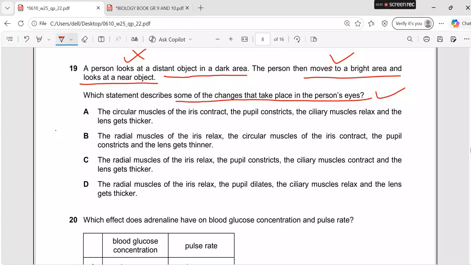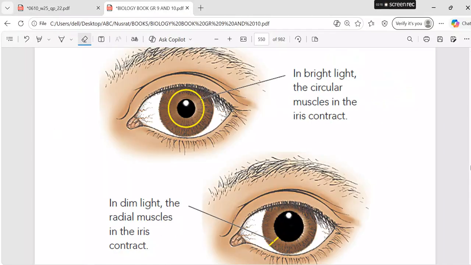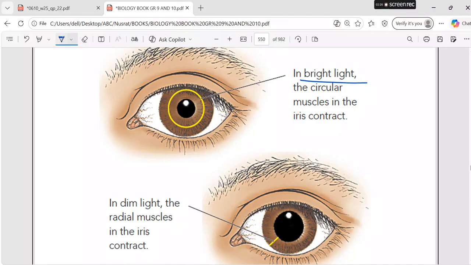Now, let us recall for a while the structure of the eye, the pupil reflex and the accommodation, or focusing of the light. I'm showing you for a while your IGCSE biology book. You can see when we are in the bright light, the small darker area, which we say pupil, gets smaller.